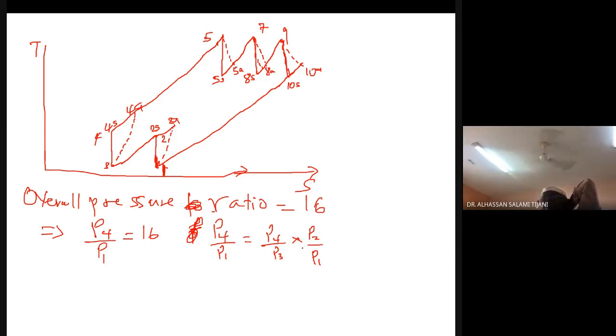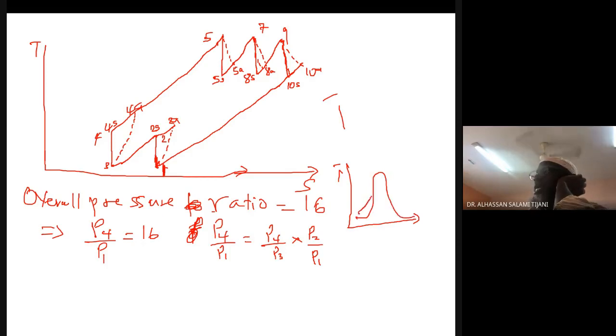So let me explain. You see, whenever we have a TS diagram, I think you know, on a TS diagram, a constant pressure line is this. Okay? So if I have a point over here, say point number 1, and then I have another point over here, number 2. Since this is a constant pressure line, it means P1 equals P2.